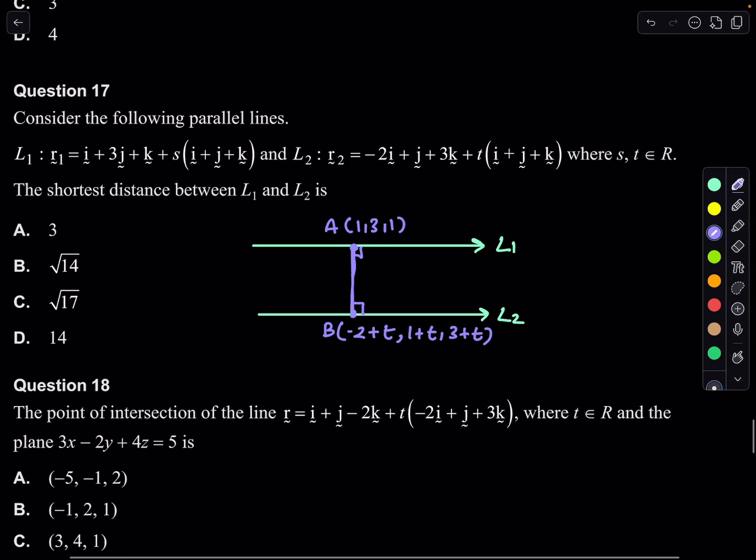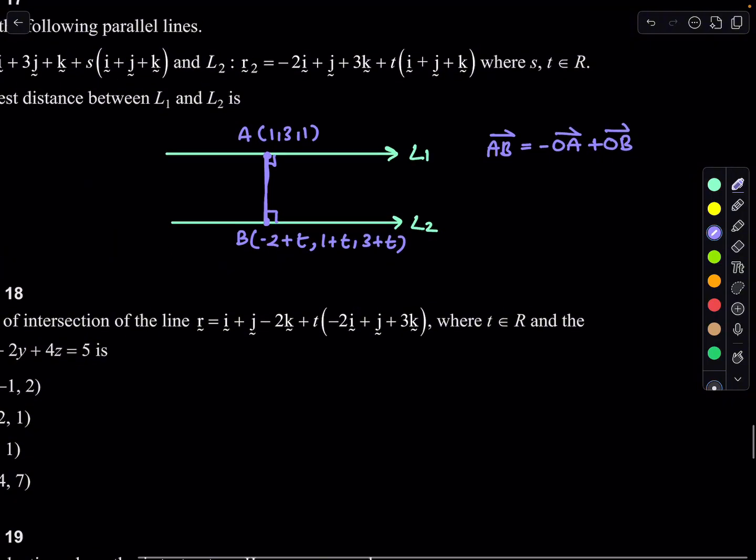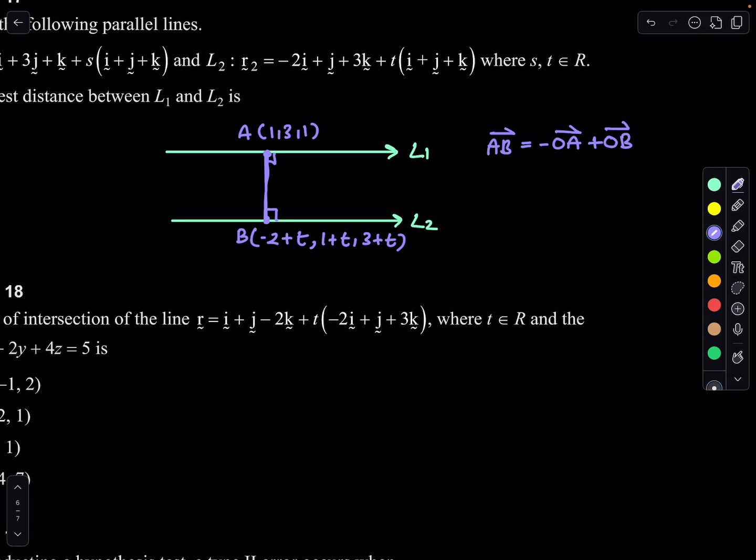And of course, let's find the vector AB. We know that the vector AB is -OA plus OB. So we can easily find that. So, what's our OA? Oh my, okay, I might as well not even use vectors here.